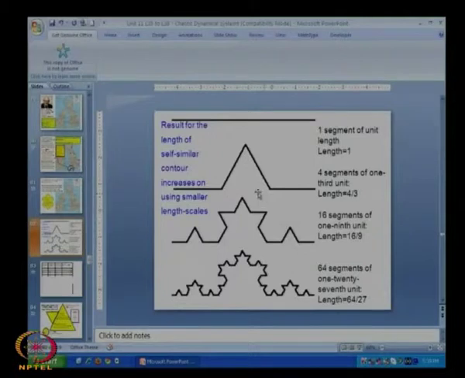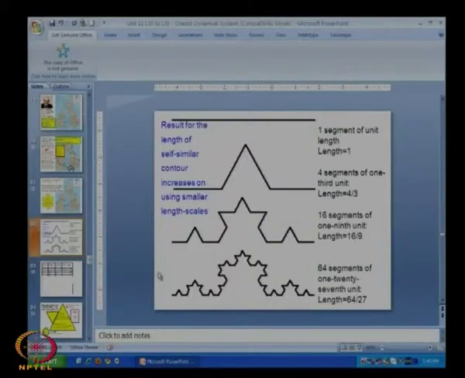This is the middle side, and on this middle side you have constructed this triangle, and then on this side you construct this, on the middle of this you construct this, right. Then you have this one, and on this one also you construct a triangle in the middle, right, and this is how, from the first side, you generate this pattern.